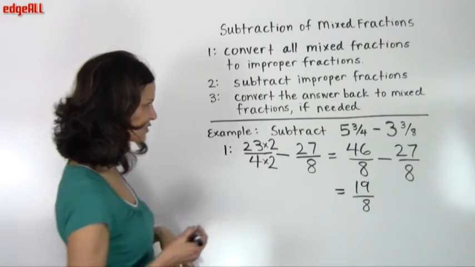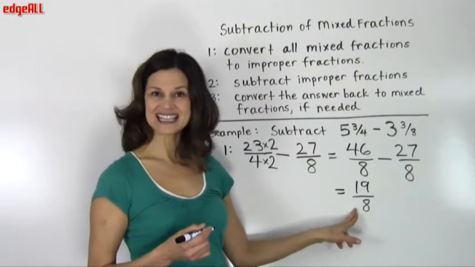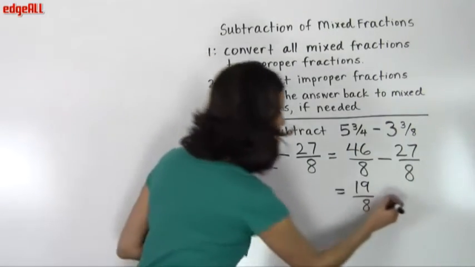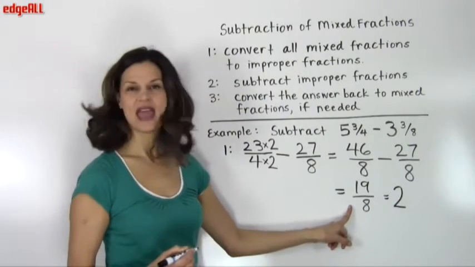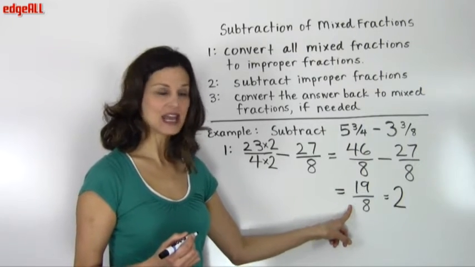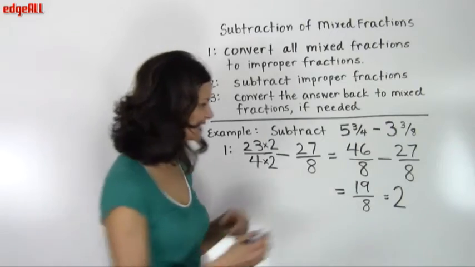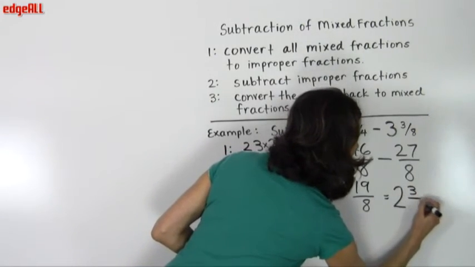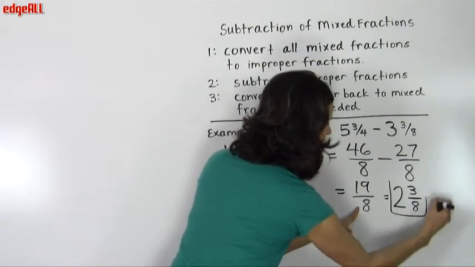So 8 goes into 19 2 times. So our whole number is going to be a 2. 8 times 2 is 16, which leaves us a remainder of 3 up to the 19. So we have a remainder of 3, and we put that remainder over our denominator of 8.